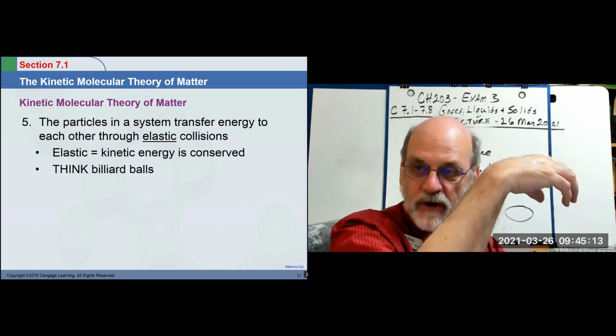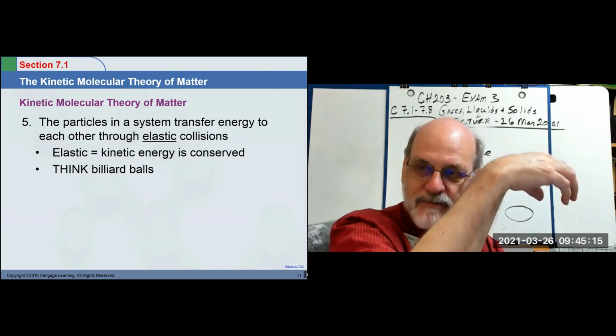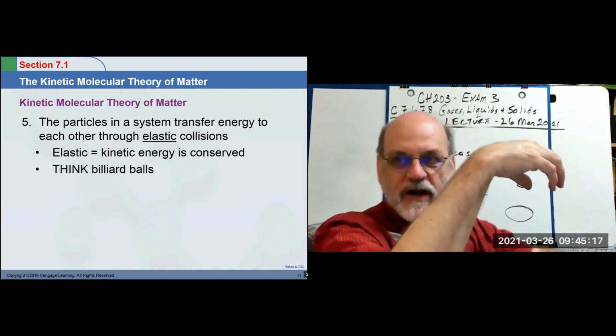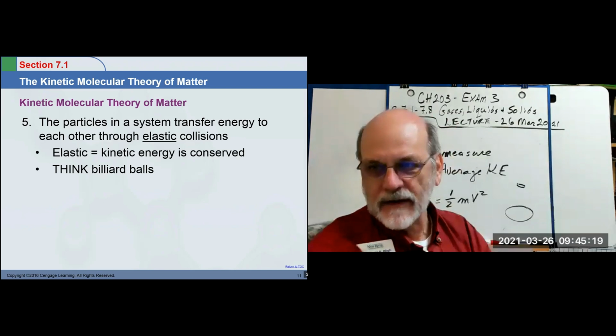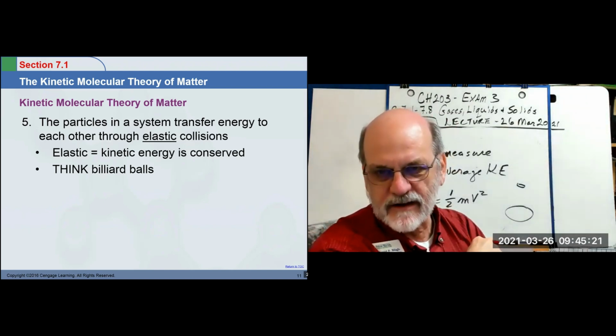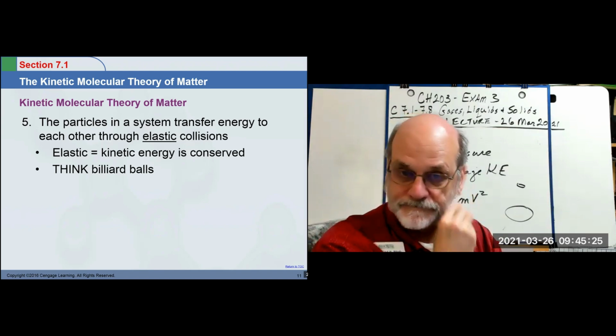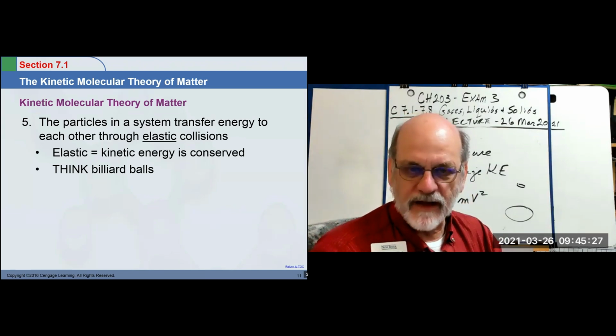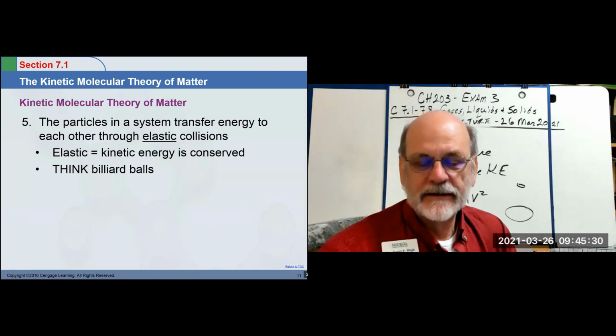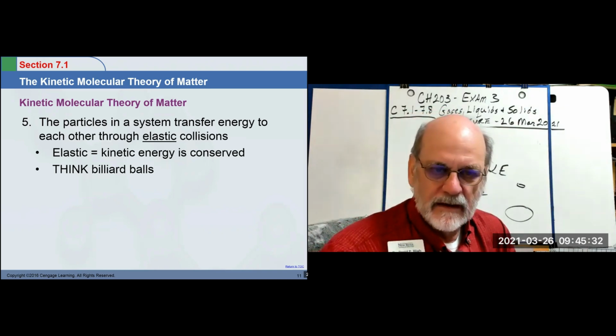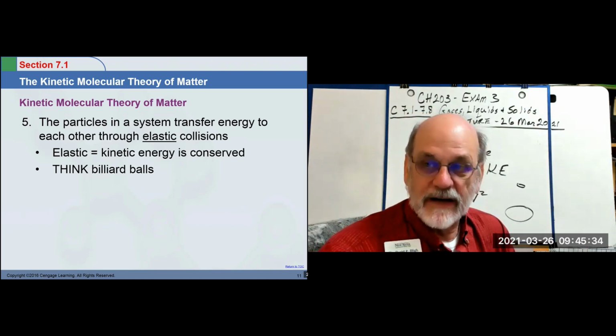When it hits the floor, it gets all that energy back and reverses direction and comes back. Now, they're not perfectly elastic. They're maybe 90 or 95%. But that's the best example I can think of outside of billiard balls of an elastic collision.